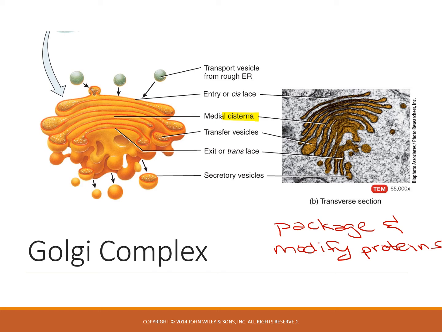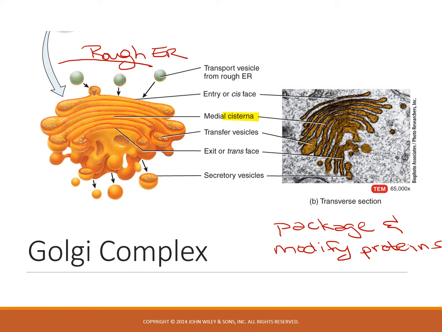This is the entry face, or the cis face. This is a convex surface, and this faces the rough ER. So you're going to have the rough ER over here. This is where proteins that are synthesized in the rough ER enter the Golgi complex.